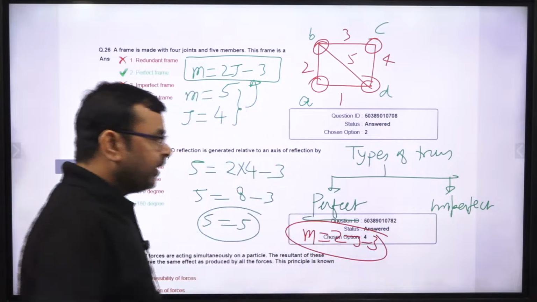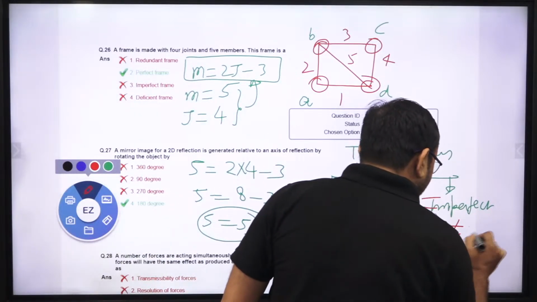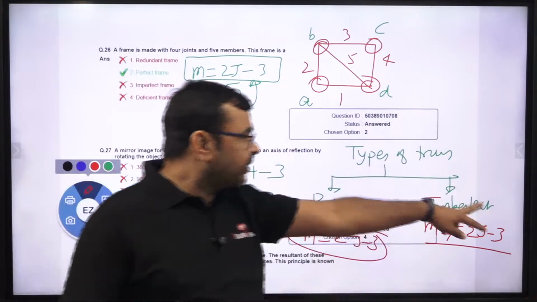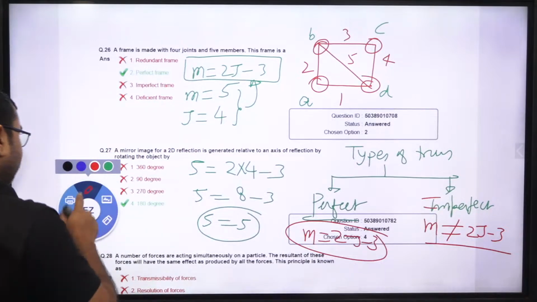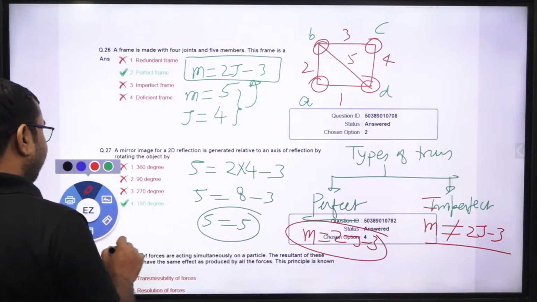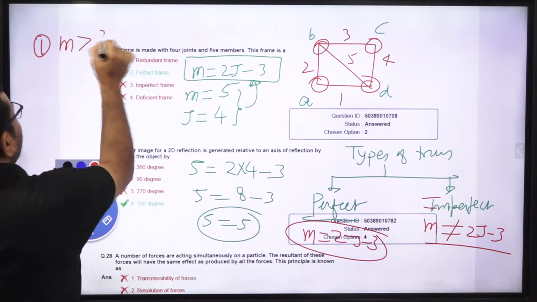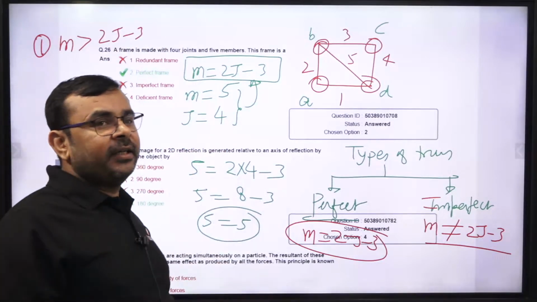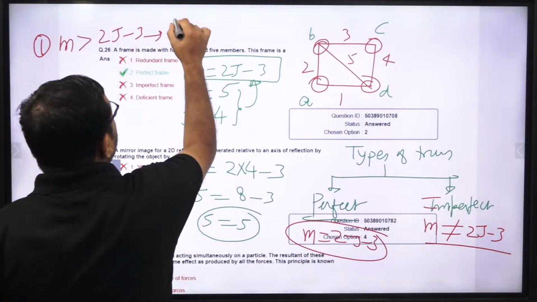For an imperfect truss, m is not equal to 2j minus 3, so we have two conditions: either m is greater than 2j minus 3 or m is less than 2j minus 3. If m is greater than 2j minus 3, it means the number of members is more than the required number of members. So this is the condition for a redundant truss.